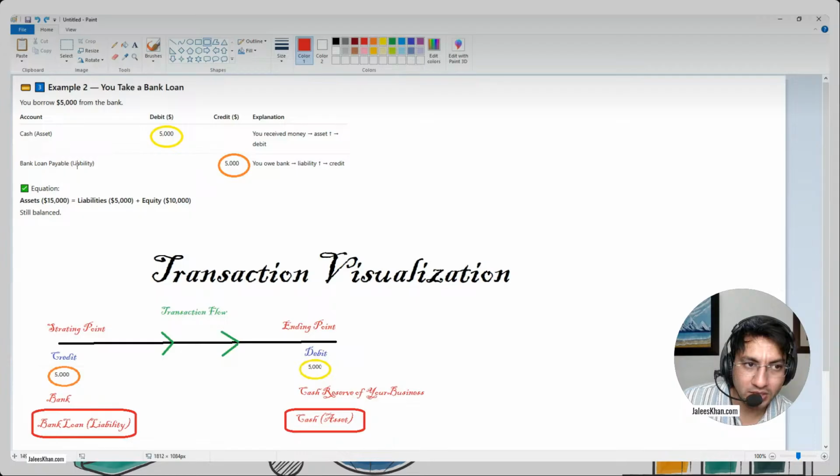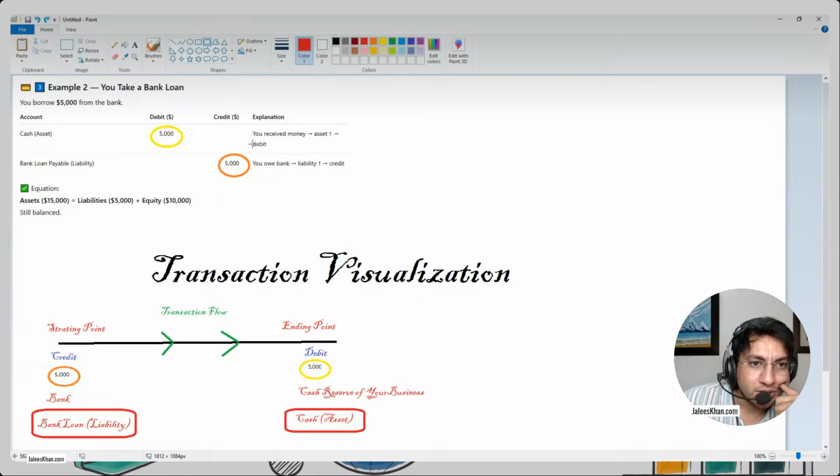So the liability here shows the starting point of the transaction. And here I'm also getting a bit confused about it, but when we are visualizing it, then it is making some sense.